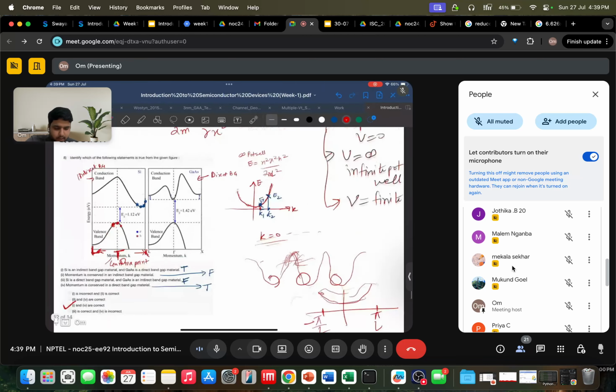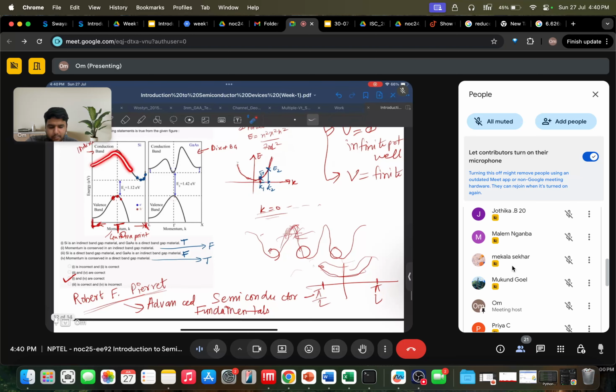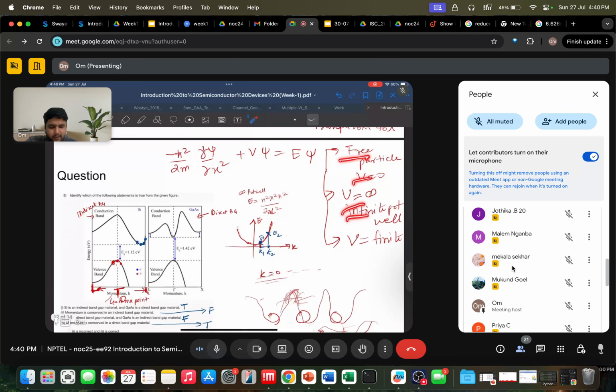Okay, so if you are interested in learning this, there is a book called Advanced Semiconductor Fundamentals, something like that, by author Robert F. I may be wrong in the spelling, but I think in the first or second chapter of this book, you can find exactly how this band structure is formed, and they explain starting from the free particle and infinite potential well till how we reach here.